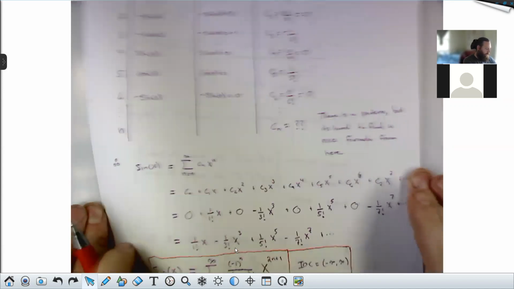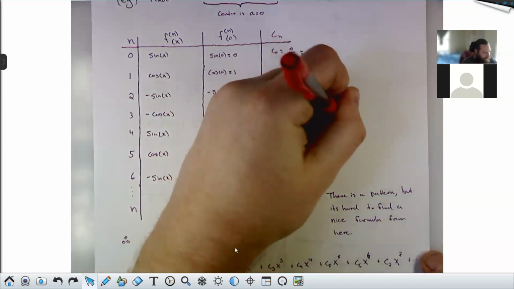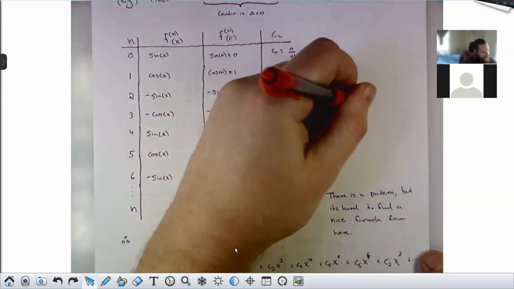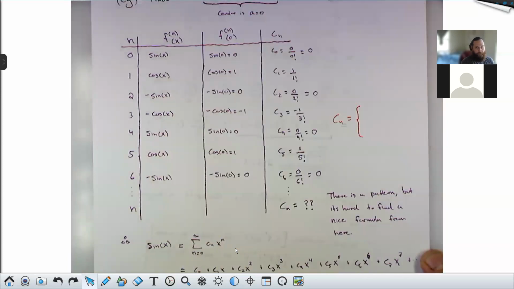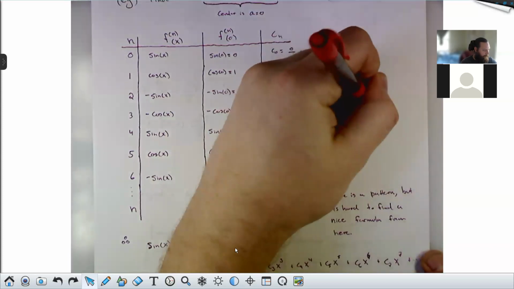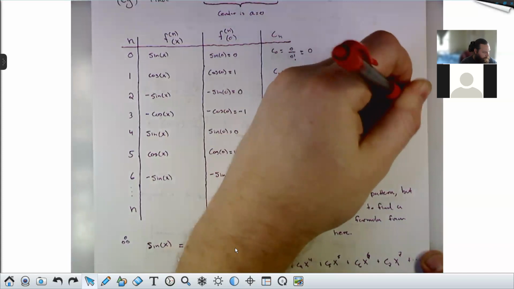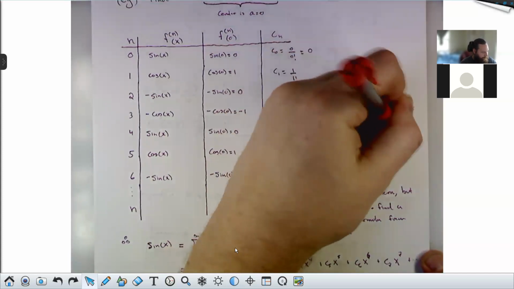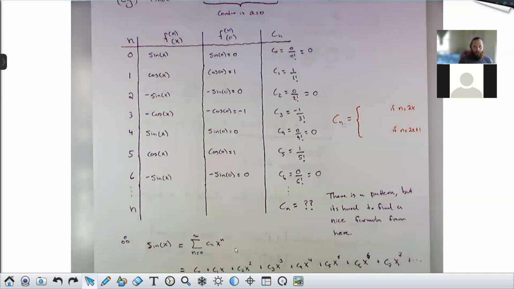So let me come back here and do something that not every calc teacher would do at this point, but I feel you guys deserve it. The formula for the Cn's here is best described piecewise. We have to think about whether n is even or odd. If n is even, that means n is equal to 2 times k for some integer k.